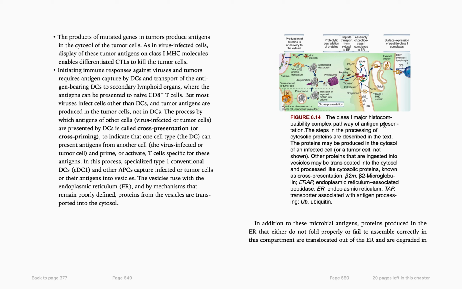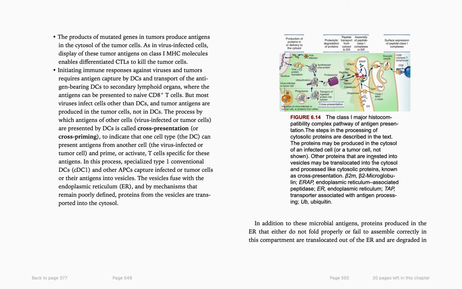This is the class 1 major histocompatibility complex pathway of antigen presentation. The steps in the processing of cytosolic proteins are described in the text. The protein may be produced in the cytosol of an infected cell or tumor cell, not shown.